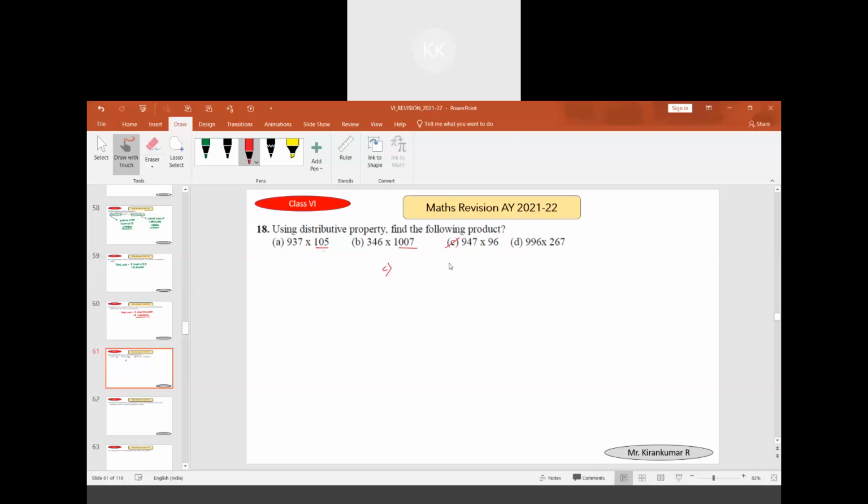How to solve this? It's better that we express 96 as 100 minus 4. Things become easy. So 947 multiplied by 100 minus 4 is 947 multiplied by 100 minus 947 multiplied by 4.